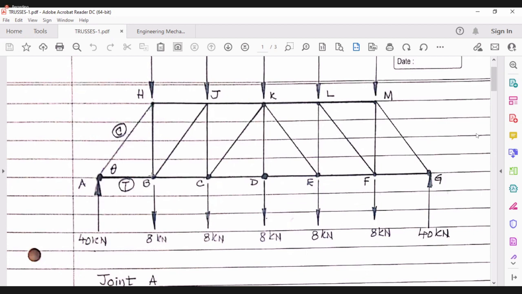This is A and this is B. So this is an AB element.